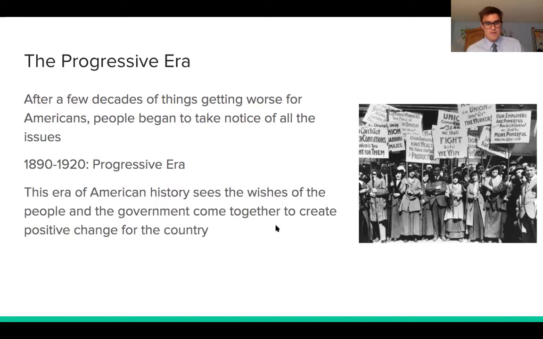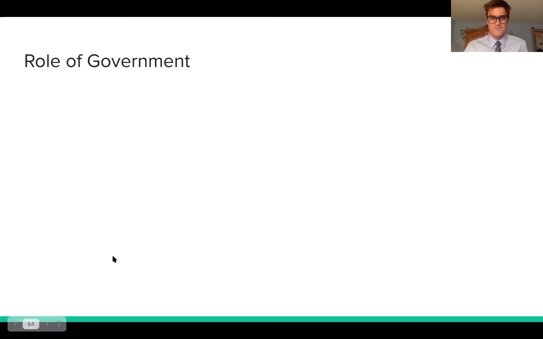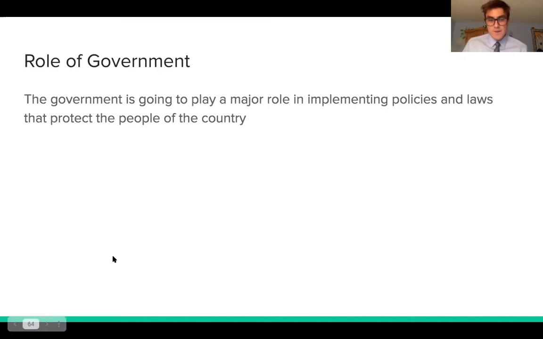Because this era of American history sees the wishes of the people and the government come together to create positive change for the country. It sees the government and the people unite looking for progress. Now, the government is going to play a major role in implementing policies and laws that protect the people of the country.